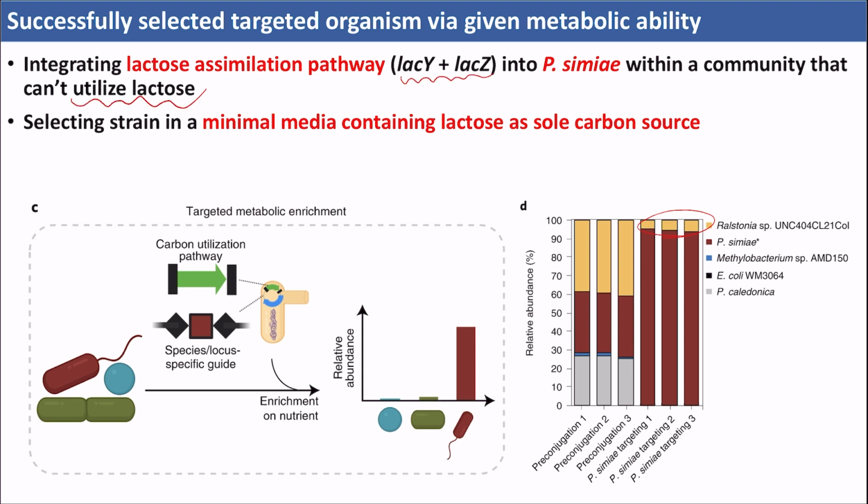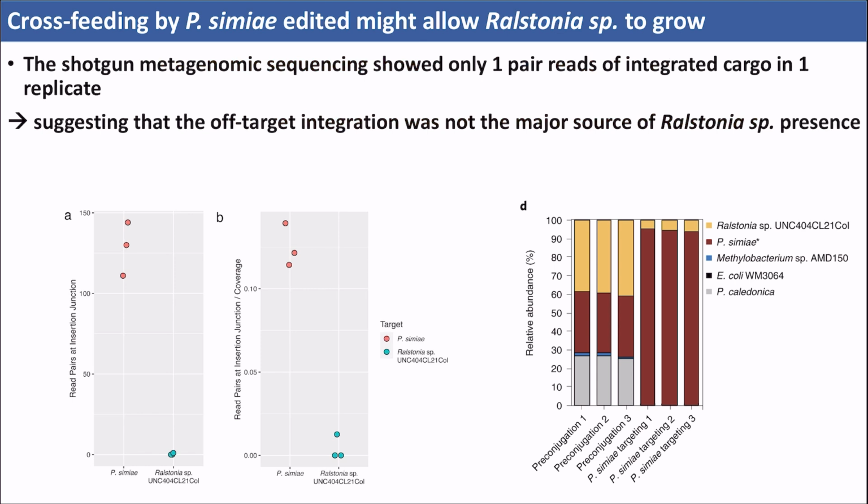A selecting strain in minimal media contains lactose as the sole carbon source. So if the strain doesn't have lacY and lacZ, it can't utilize lactose. So if they can utilize lactose, it means that they have these two genes inserted into the bacteria.